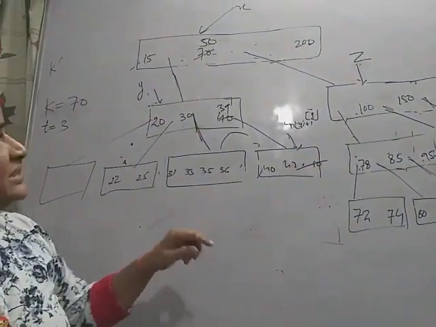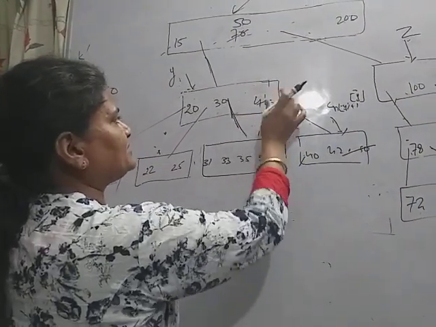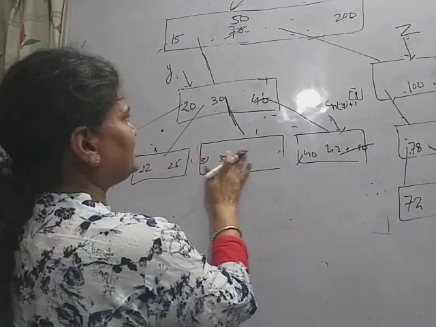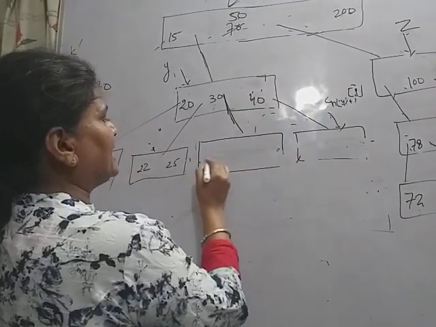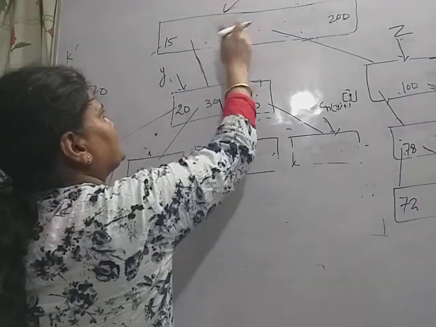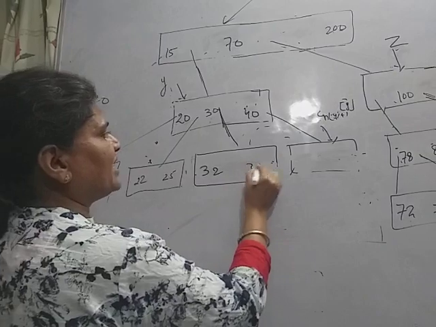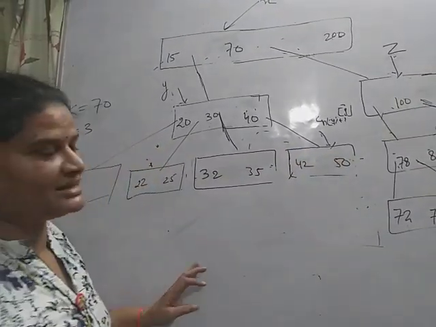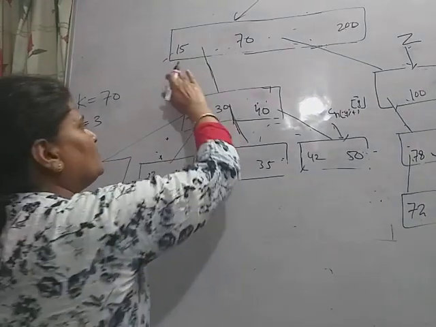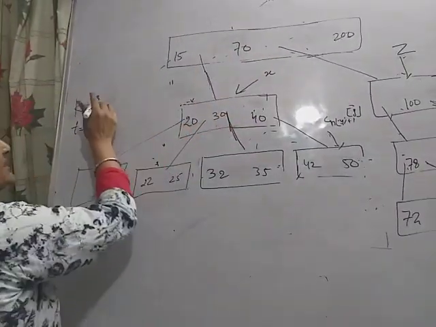Now the third case is where, suppose here 40 and 30, this is 70, and this is 32, 35, 42 and 50. Suppose I am here and the key to be deleted is 30.